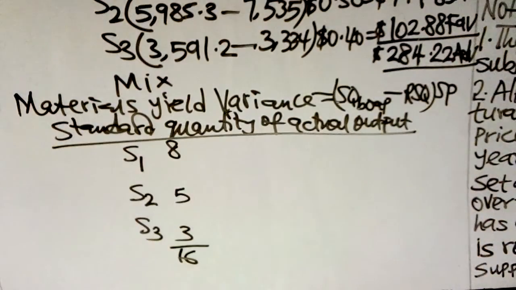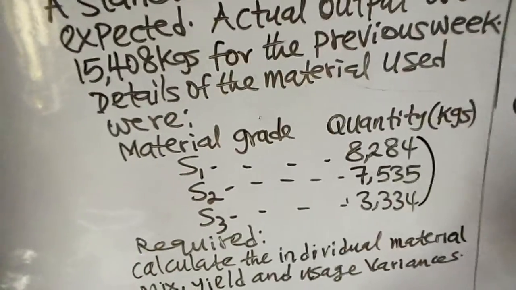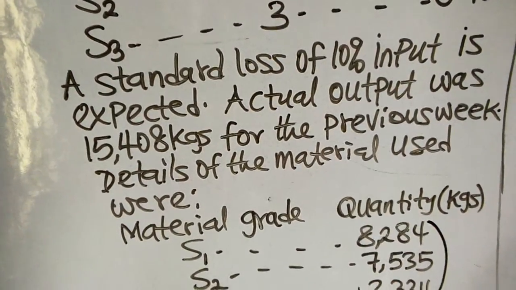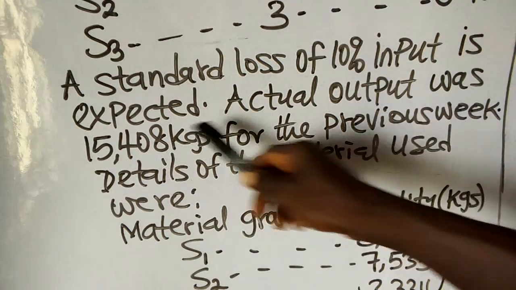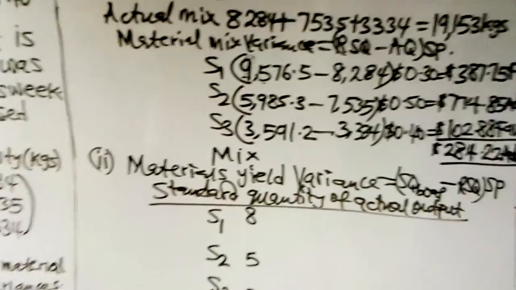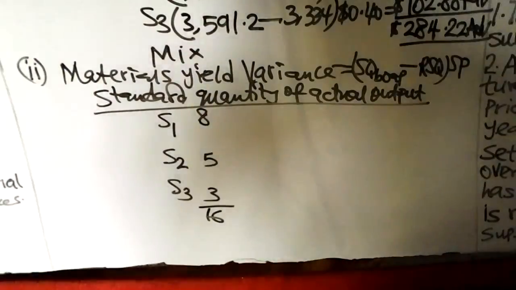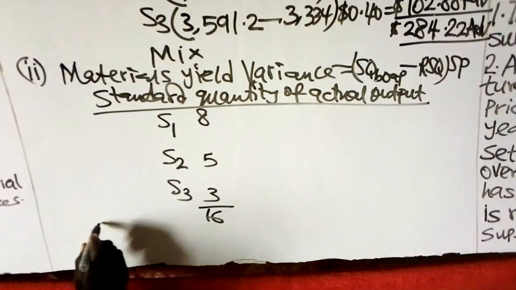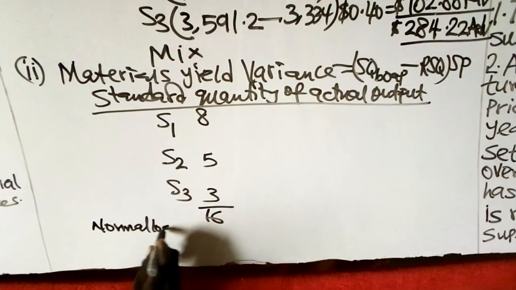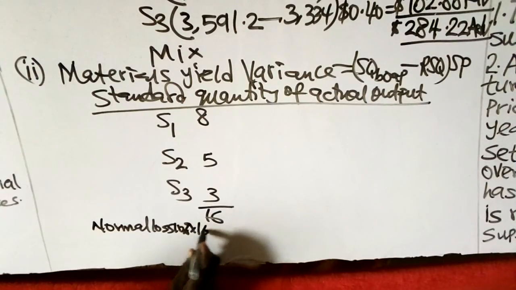You were told that a standard loss of 10% input is expected. So we have normal loss, which is 10% of input 16.